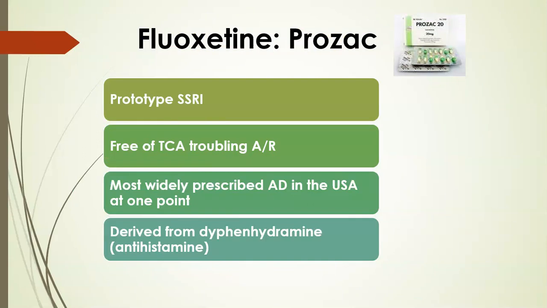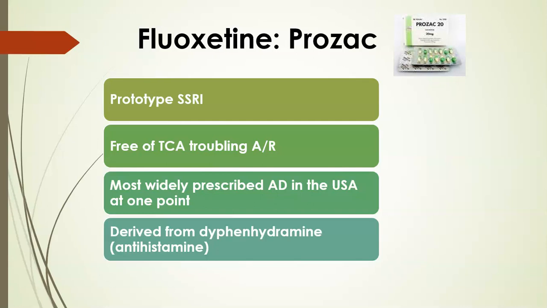Okay, so we look at the prototype of SSRI, fluoxetine. When fluoxetine first came into the market, everyone was, it was a big hoo-ha, because it was free of the troubling tricyclic adverse reactions, particularly in relation to arrhythmias. So it was a very safe drug, and soon it became the most widely prescribed antidepressant in the US at one point, although now it's been taken over by newer antidepressant drugs.